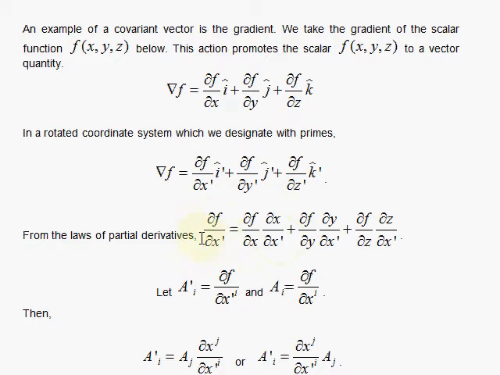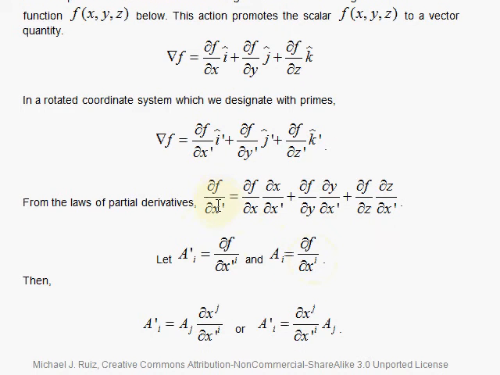So the new vector component, a prime sub i, is really given here by the partial of f with respect to the coordinate x prime. And if you look here at the old one, you simply had f and x without the prime. And if we look at how we're relating this new one, this is the first one here.